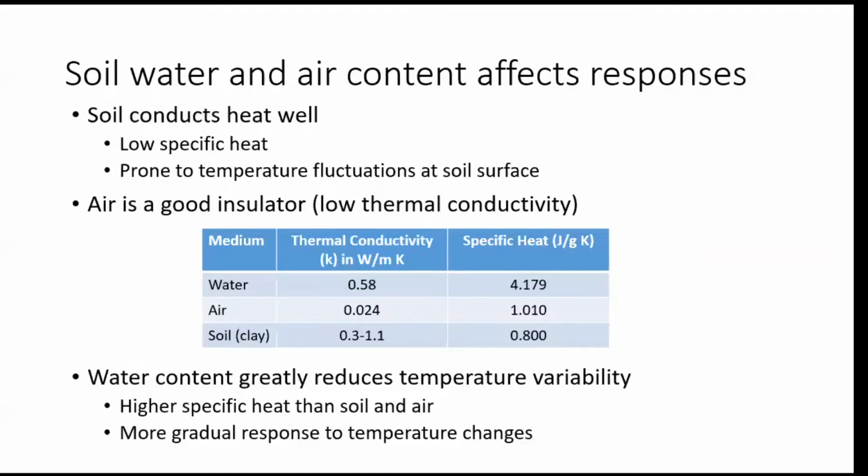So the first point is that soil conducts heat pretty well. If we look at this table here, the thermal conductivity is how well a material transfers heat from one place to another. It's basically watts per meter Kelvin.